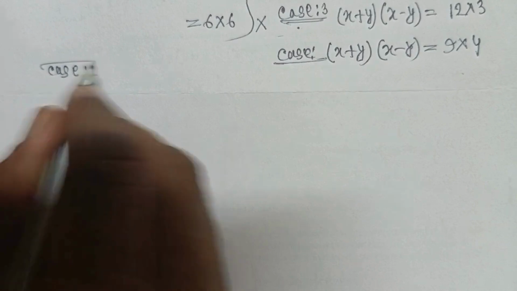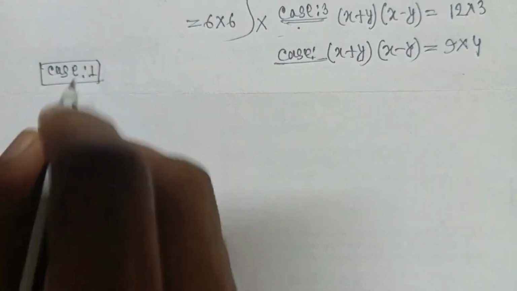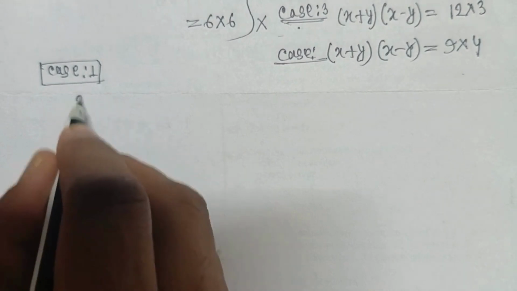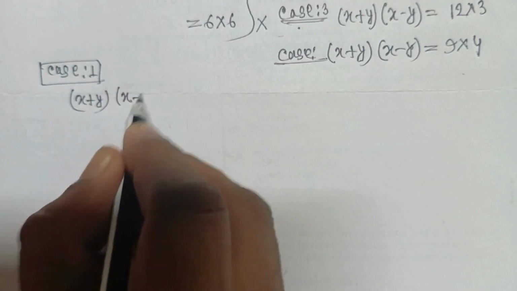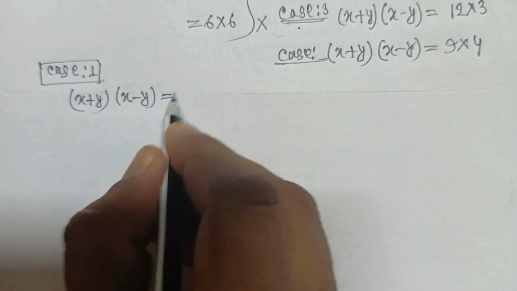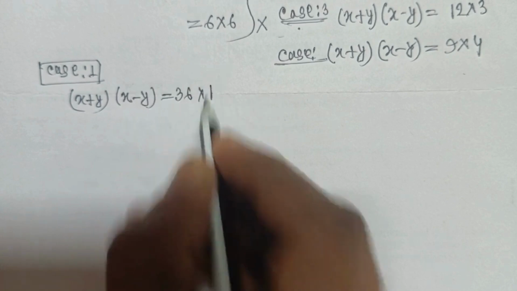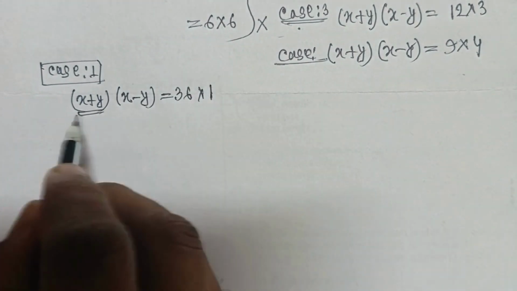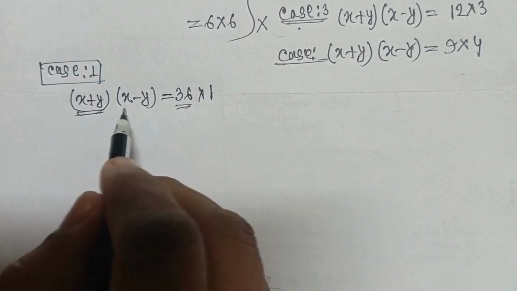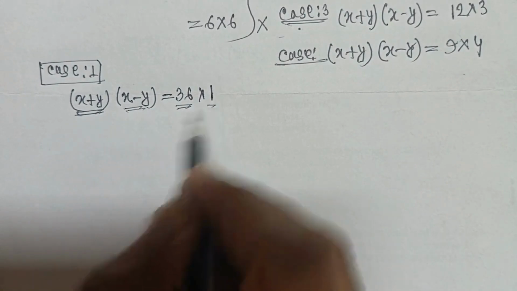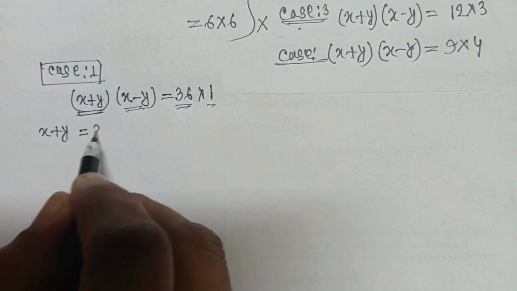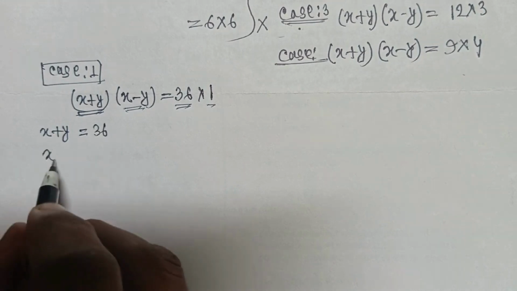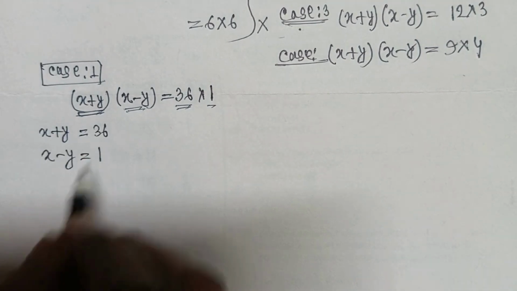Now we are going to take case 1, where (x plus y) into (x minus y) is equal to 36 into 1. Now we compare x plus y as 36 and x minus y as 1, so x plus y is equal to 36 and x minus y is equal to 1.